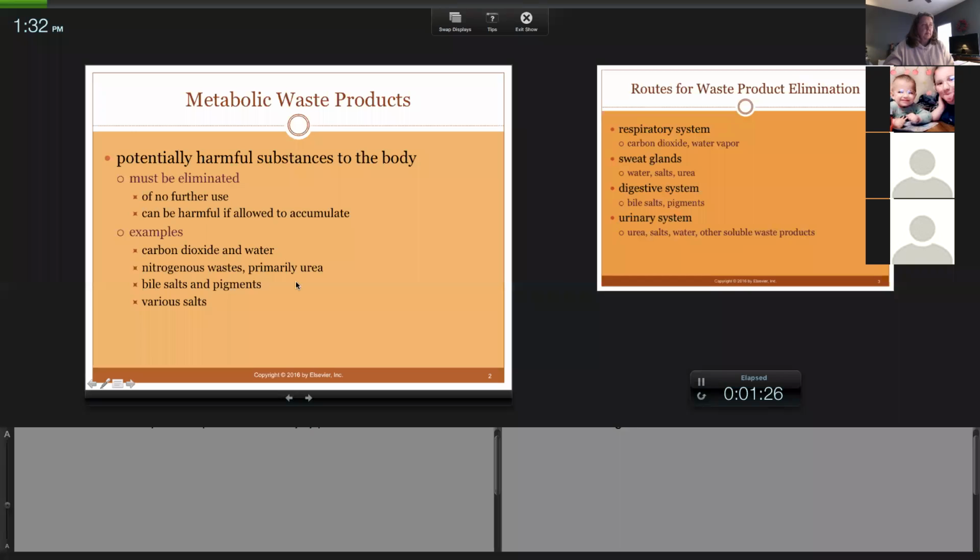Nitrogenous waste, primarily urea. When we talk about urea, that is a waste product. And something I want you to know for the test, I'm going to type it here in the chat: BUN is blood urea nitrogen.